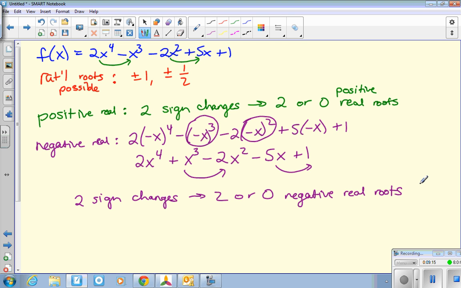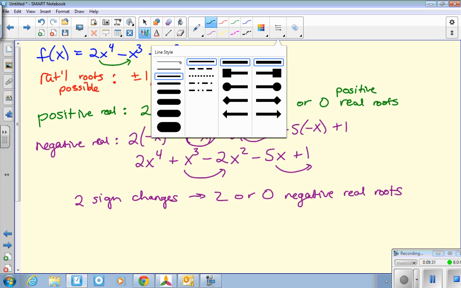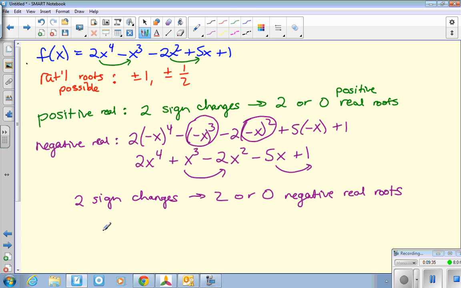Well, there are a few ways that you can find them. One of them is to plug in these numbers and see if any of them work, as you guys know. Another is to look at the graph. I'm actually going to talk about the graph in this case. If you look at the graph, which I can't show you here, but if you take this f of x and plug it into y1 and graph it, you should see that there are no x-intercepts.